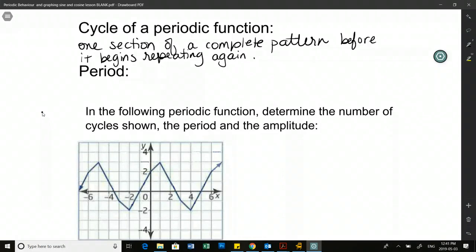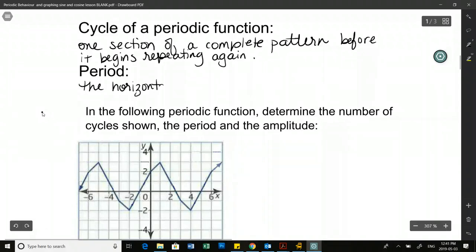Okay, and then the period is essentially the horizontal length of the cycle. So again, we want period to be positive because we're counting the number of units that it takes for a cycle to start and then finish one single cycle. So it will be the horizontal length of one cycle.